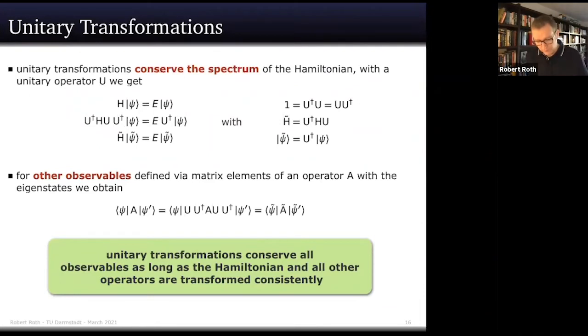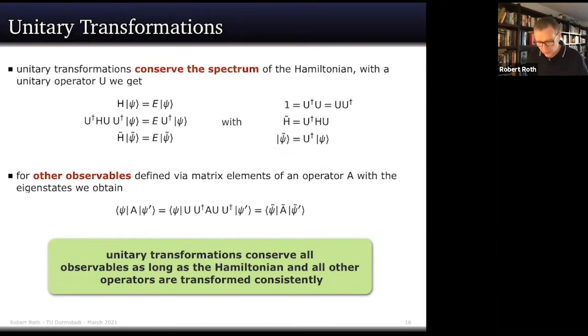First of all, you label this U† H U as your new unitarily transformed Hamiltonian H tilde. So this complete first term is H tilde, and you relabel your U† times psi, this transformed state, as psi tilde.